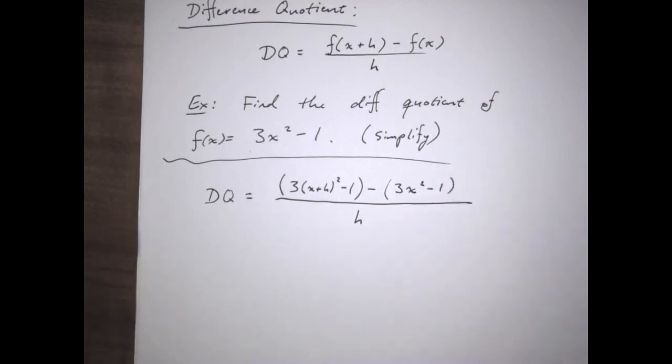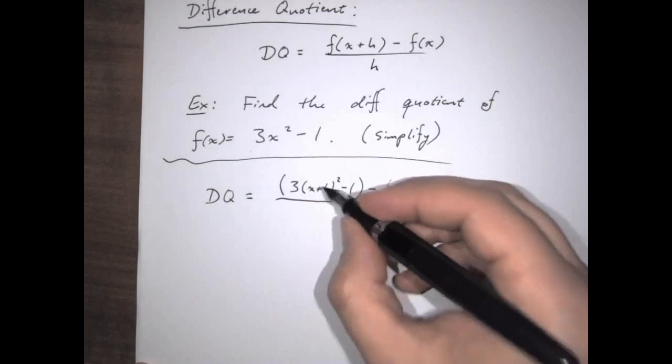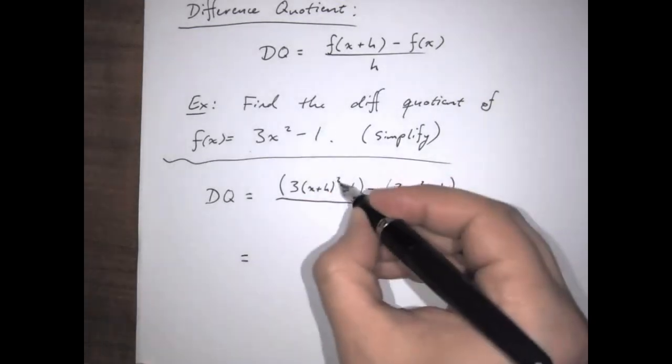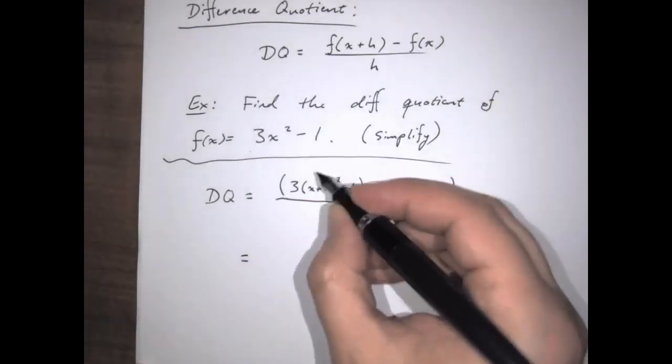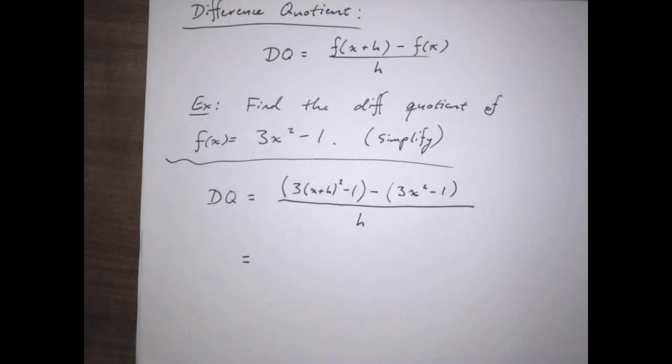Now, if we want to simplify this, what we're going to have to do is tread very carefully and make sure we evaluate piece by piece, expanding where we need to expand, combining like terms where that's appropriate, and then canceling whatever we can cancel.